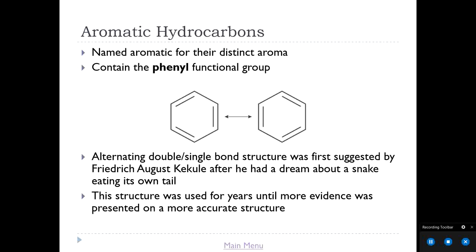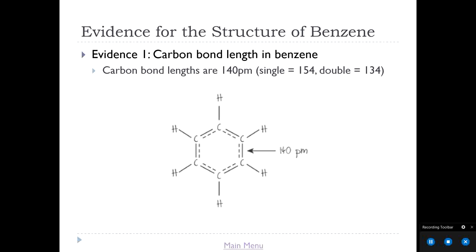So the first piece of evidence that goes against this alternating double single bond structure is the carbon bond length. The reason being, the carbon bond length in a single bond is 154, and in a double bond is 134.